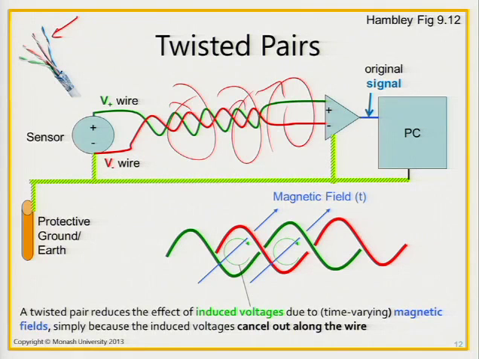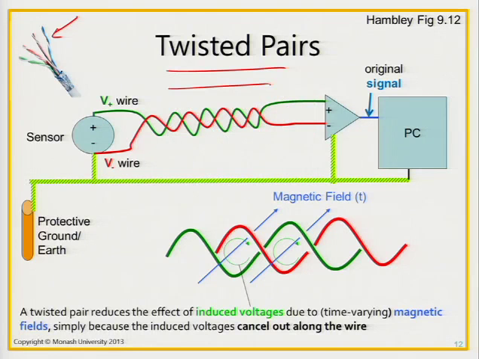Magnetic fields might come from anything which has large amounts of current. The noise induced by the fields is directly proportional to the area of the loop.